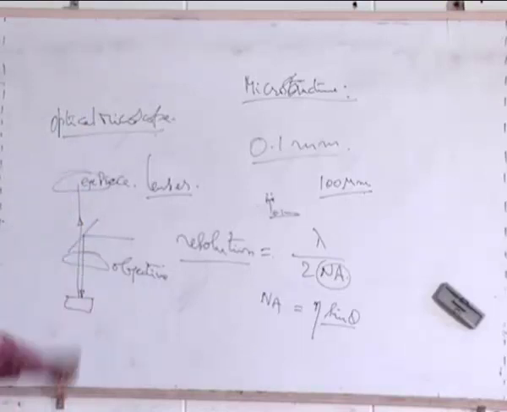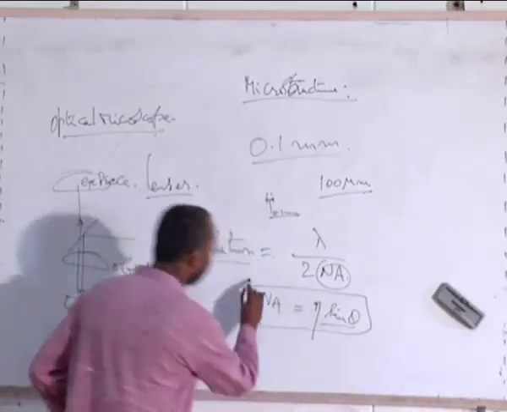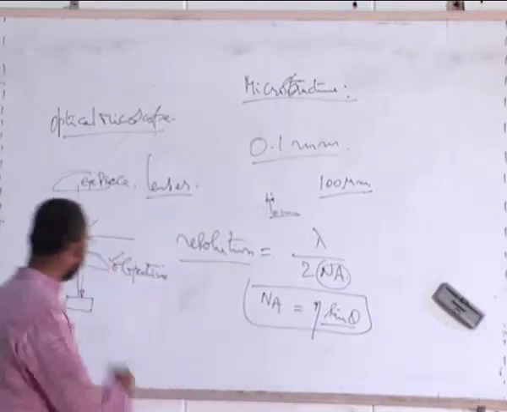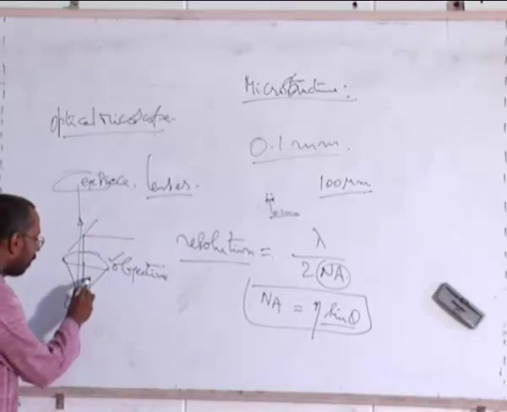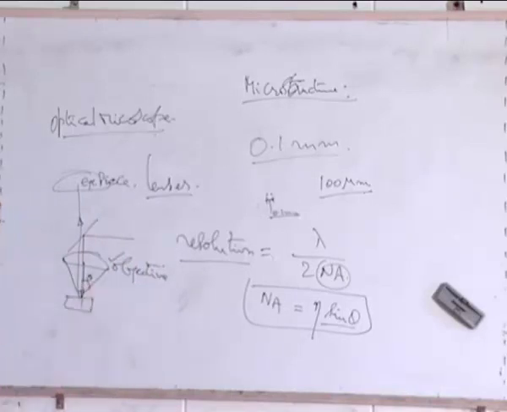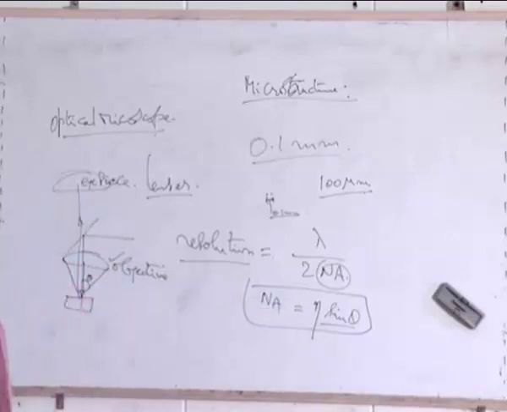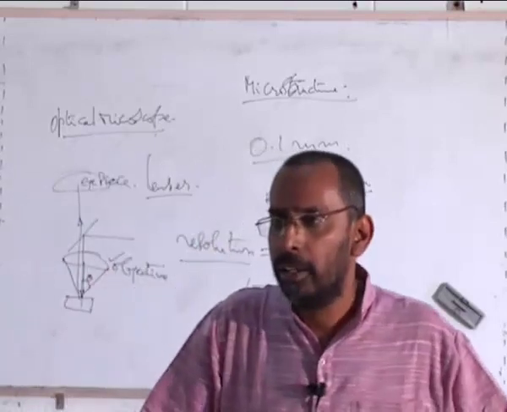Now, if I am trying to see the resolution of this microscope, the resolution is related to the numerical aperture of the lens that I am using here, which is related to the light gathering capacity, where this angle, half of the solid angle, is theta, and then the refractive index. The refractive index of air is usually considered to be 1.